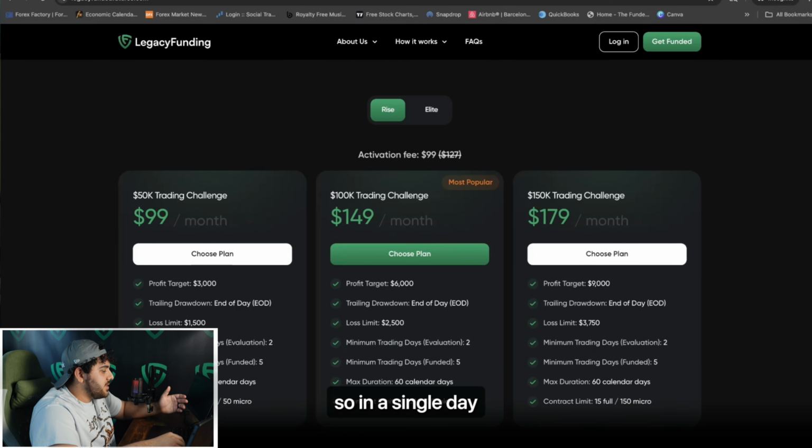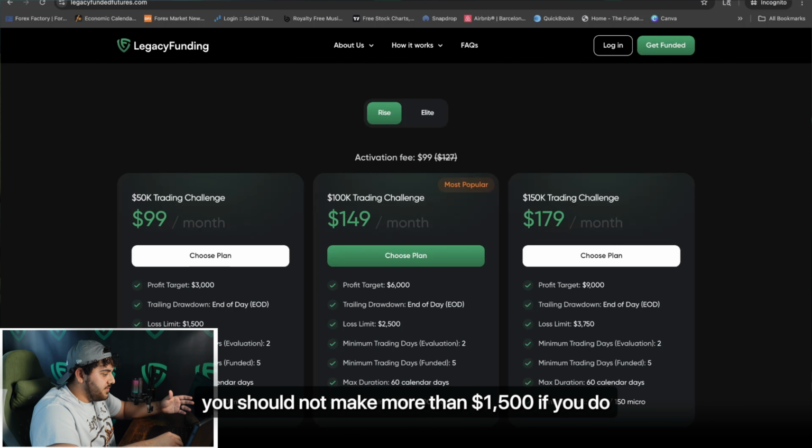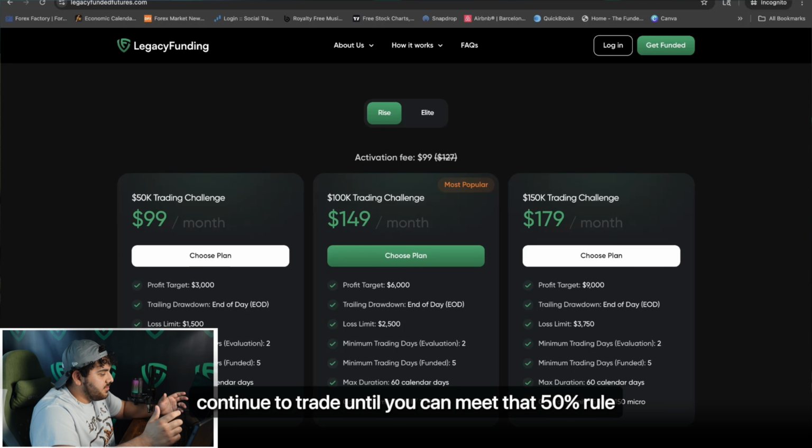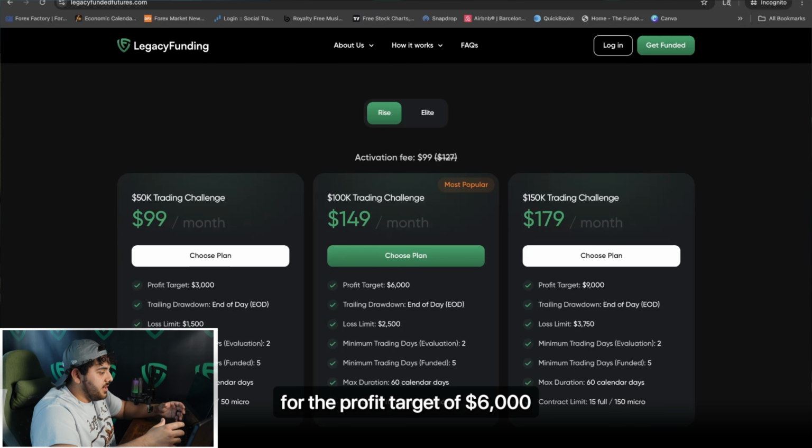So in a single day, you should not make more than 1,500. If you do, no worries, continue to trade until you can meet that 50% rule. For the profit target of 6,000, we're not going to want to surpass over 3 grand in a single day, because that way we could stay within that consistency rule. And for the $9,000 profit target, we don't want to surpass 4,500. Again, nothing happens if you guys go past those targets. You simply have to continue trading.